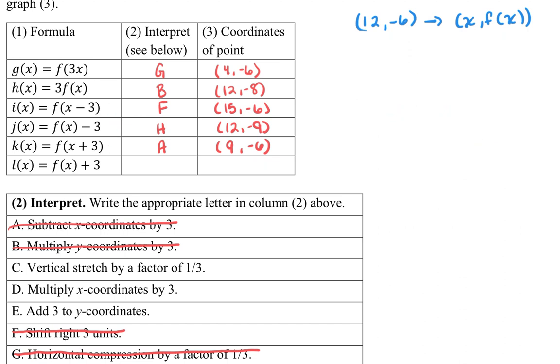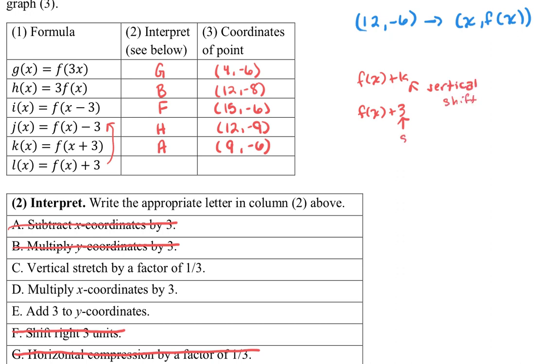All right, last one says L of x equals f of x plus 3. So just like this one, this is happening to the entire function, therefore it's happening to the y coordinates, or it's happening along the y-axis. So like we mentioned earlier, f of x plus k, this is just f of x plus 3, which means, so this is vertical shift.